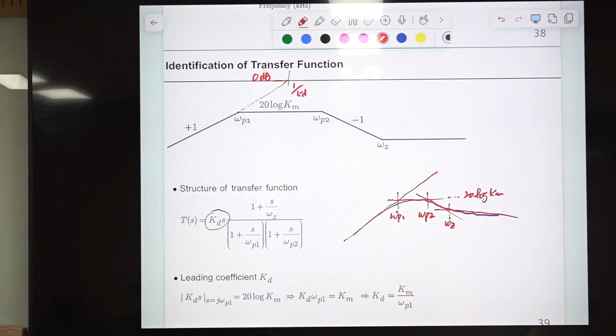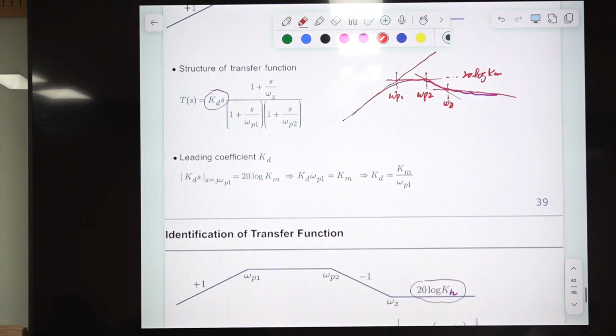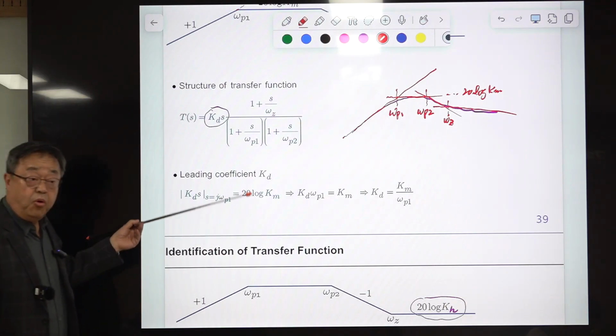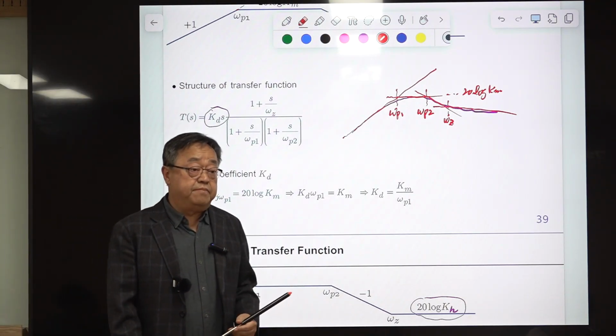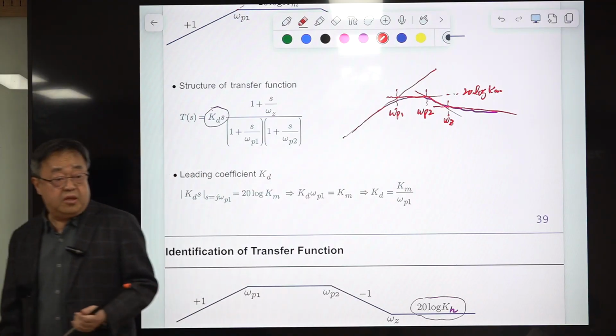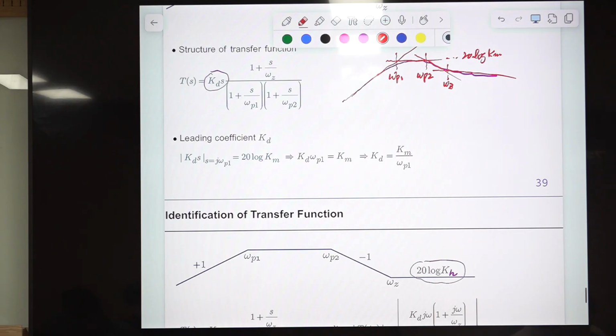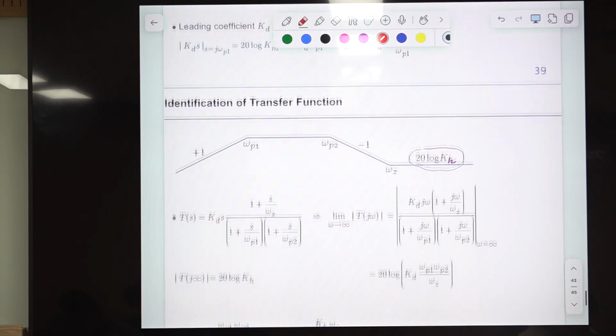So this is a very practical approach for this type of analysis. This is called system identification. This is the most primitive form of system identification. Okay, there are many techniques to identify the transfer function of a system from various measurements. Okay, this is one example.